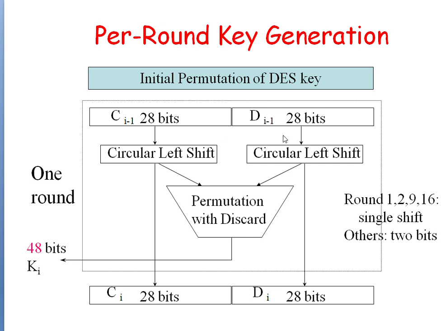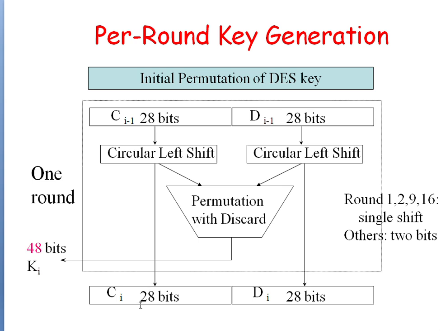Then this is the per-round key generation, the initial permutation of the DES key. After that, the 56 bits are divided into C and D halves of 28 bits each. The left 28 bits undergo a circular left shift, and then a permutation with discard operation occurs. The right half also undergoes a circular shift, and we get 48 bits.